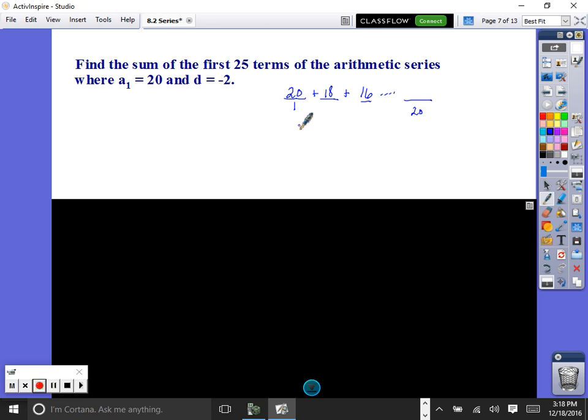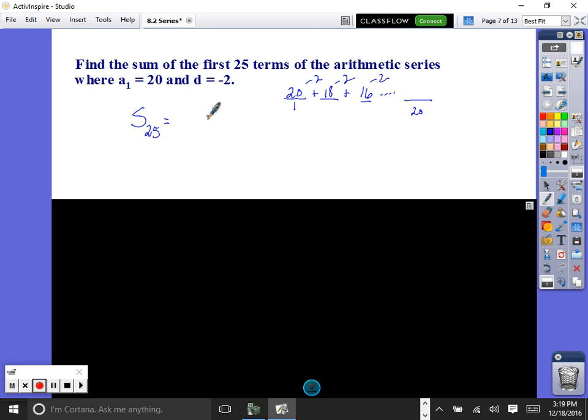So here's my picture. Every time I add a negative 2, I recognize that is arithmetic. I should recognize it because I am continually adding the same constant. I am adding up 25 terms.